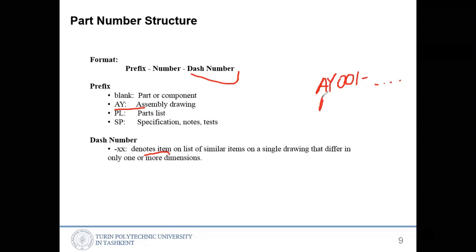If you have another assembly drawing, you can write AY 002, and then 001. You might have 5 pages or 10 pages of assembly drawing, so you can write 001 and 002, 003, and so on.